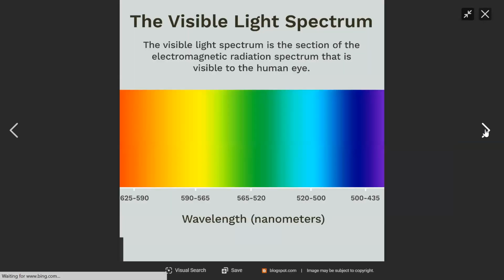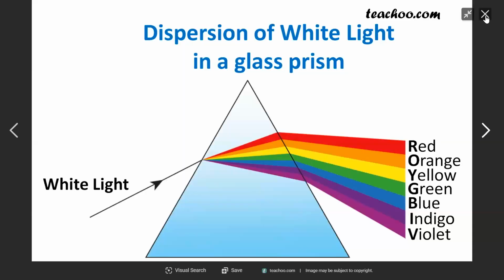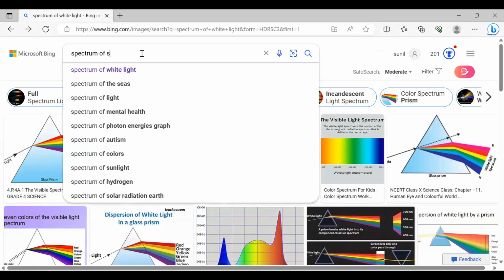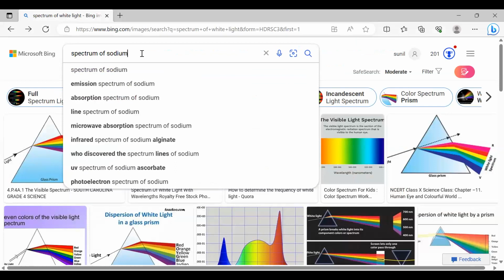Another image to say it, this is one of the better ways of putting it across. You can see there are 7 colors, but they are superimposed on each other. There are no visible boundaries between them. Is it clear? Now let me show you the spectrum of sodium.